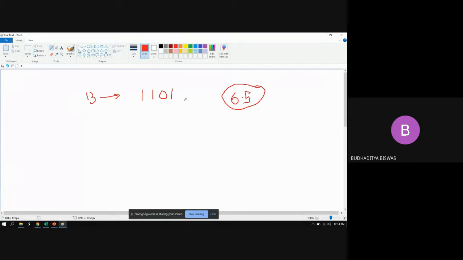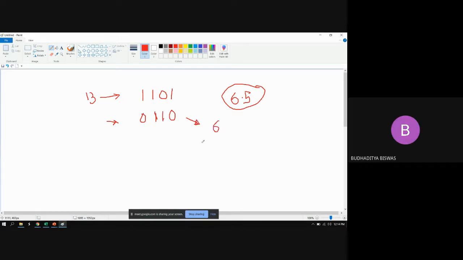But if I just shift the data one bit towards the right position, then it becomes 0110, because the last 1 will be gone and the 110 is shifted from this position. Now, what is the meaning of that one? What is the decimal equivalent of this one? 6.